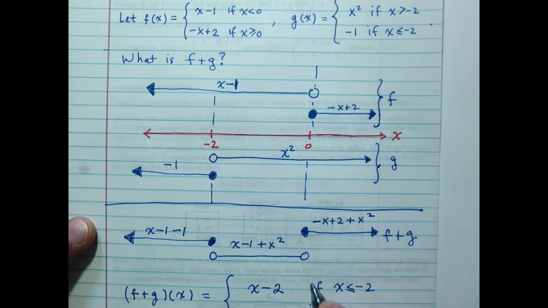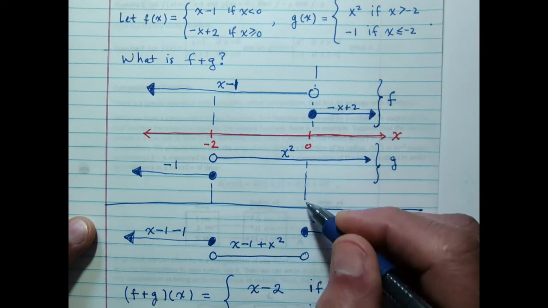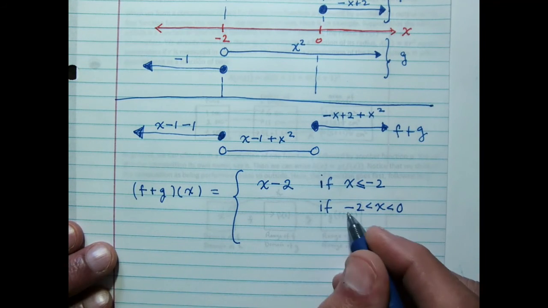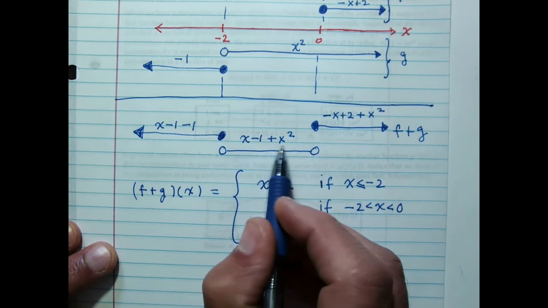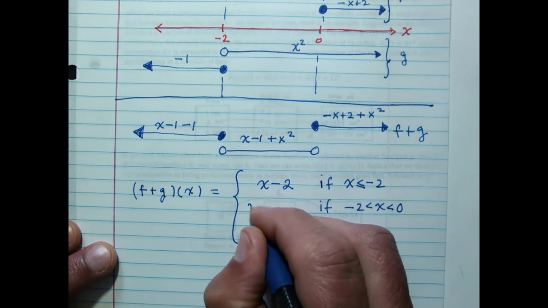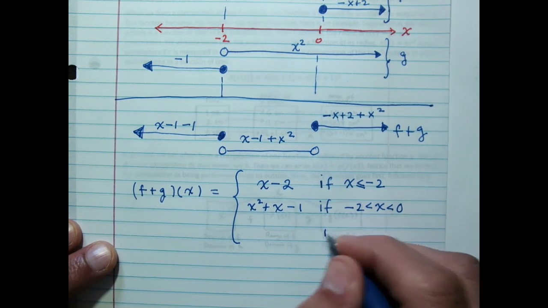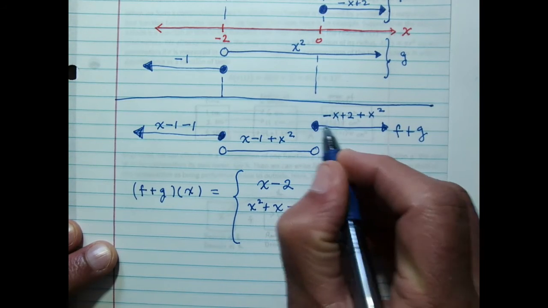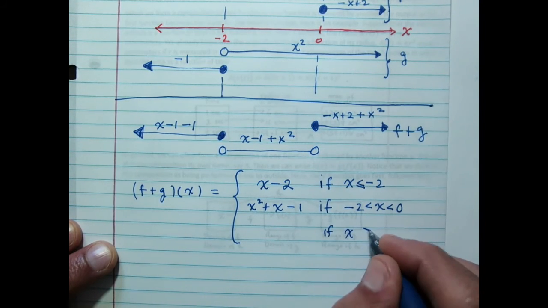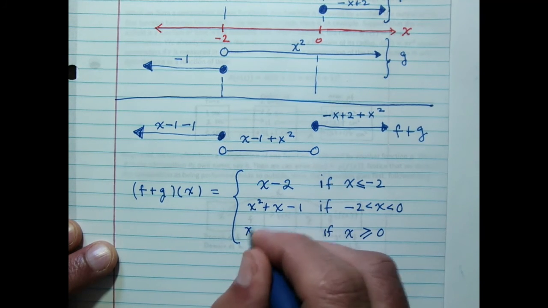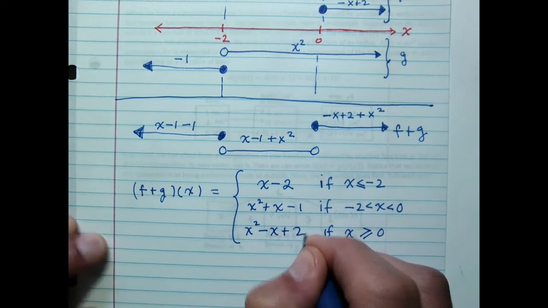If x is between -2 and 0, so -2 less than x less than 0, then I'll rewrite these terms in order: x squared plus x minus 1 for the sum. But if x is greater than or equal to 0, then the expression I use for the sum is x squared minus x plus 2.